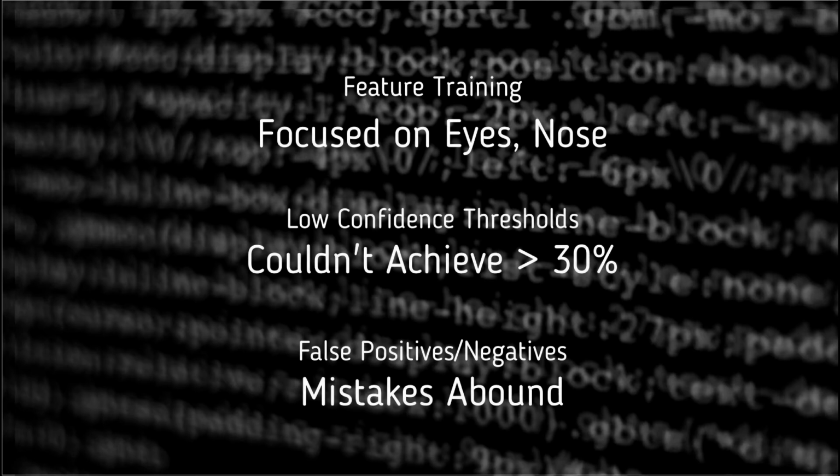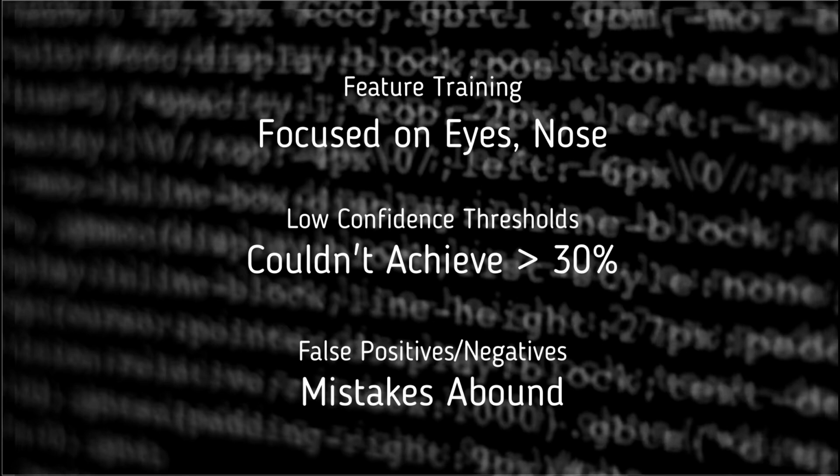In an attempt to alleviate the minor false positives that were observed from iteration 1, in my second iteration of training, I prepared a training set that focused on the eyes and the nose of Mr. Bear.